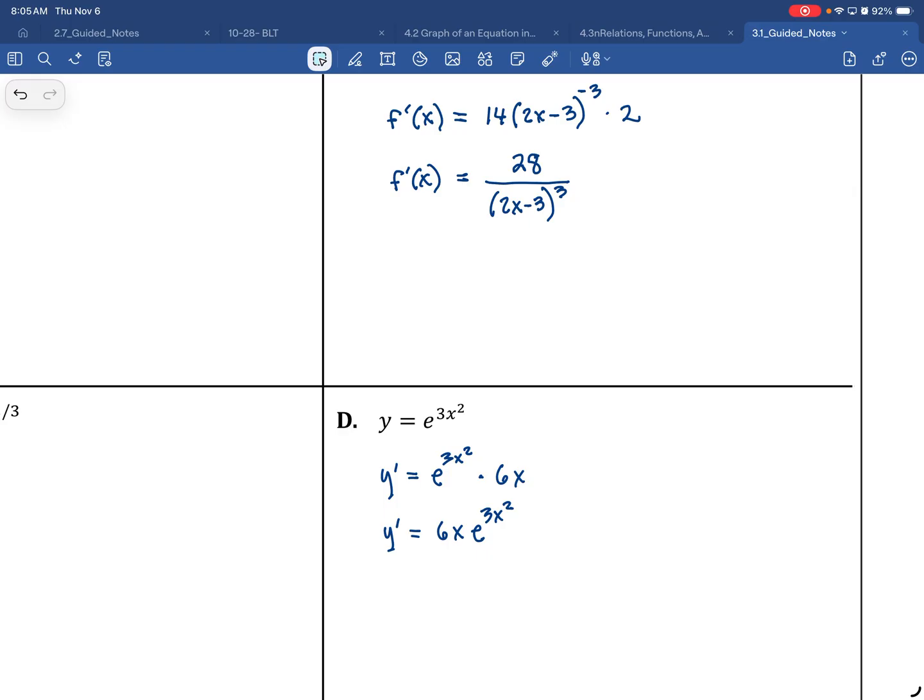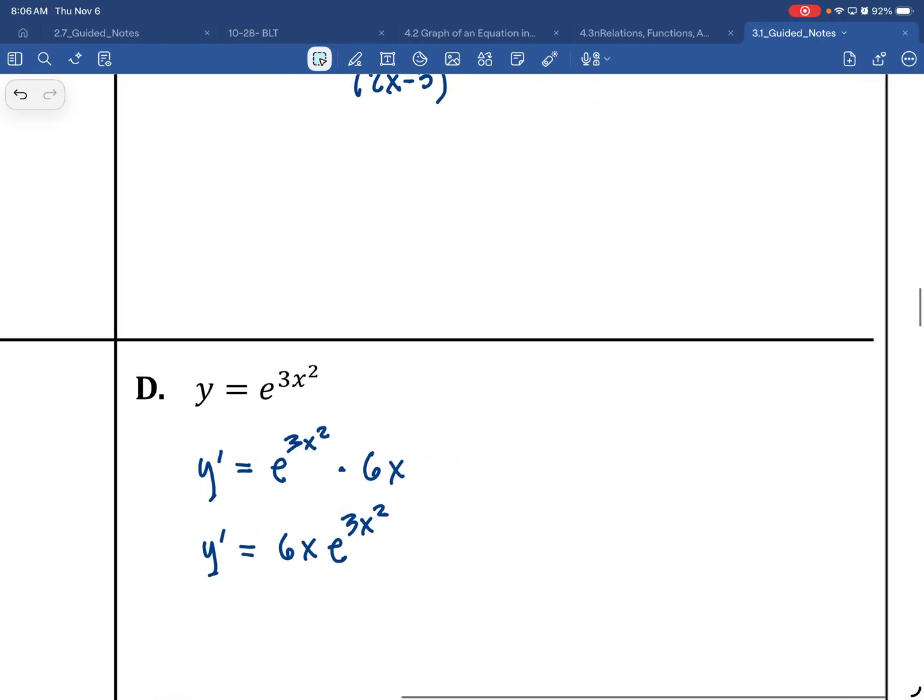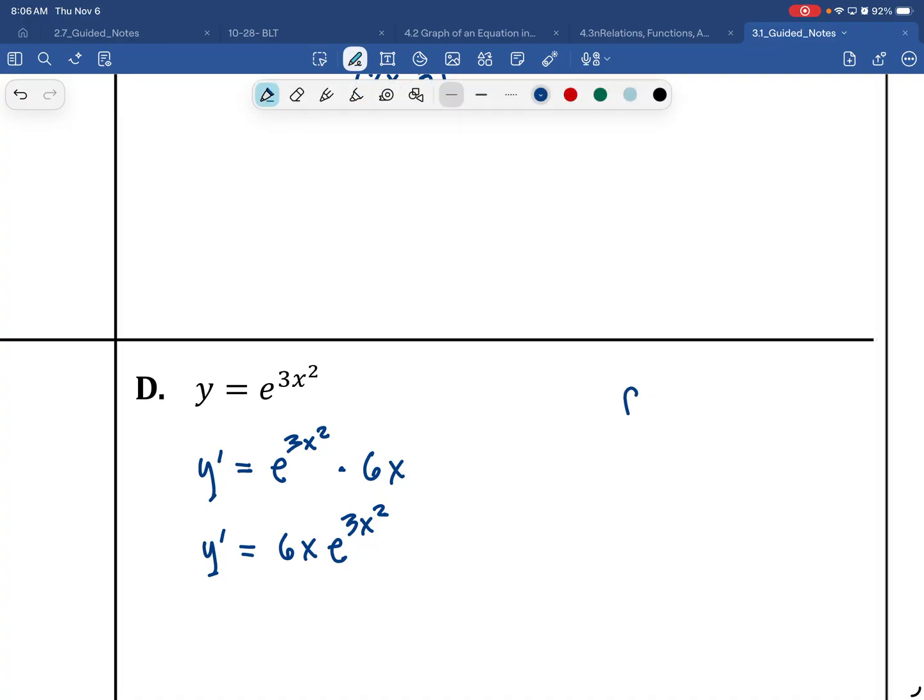Wait, I'm still confused on why on that one was e. How do you decide what's your outer function and what's your inner function? So there are two things going on here. I want to use f and g in order to build e to the 3x squared.